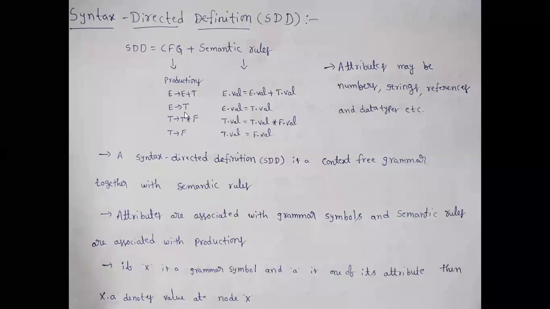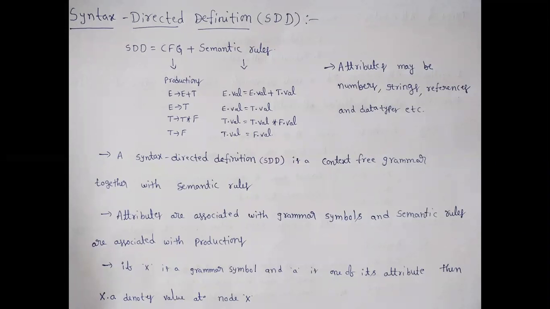So what is the syntax directed definition? It is an addition of semantic rules to context free grammars. That is said to be a syntax directed definition. Here attributes are associated with grammar symbols and semantic rules are associated with productions.